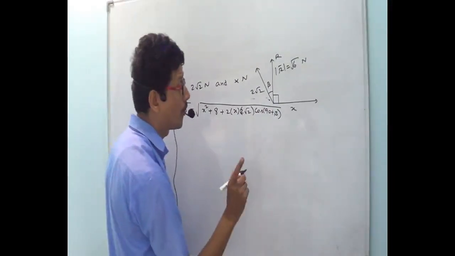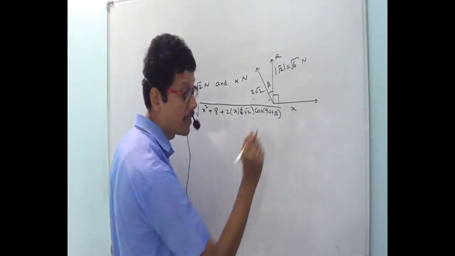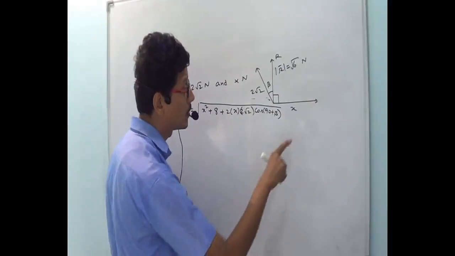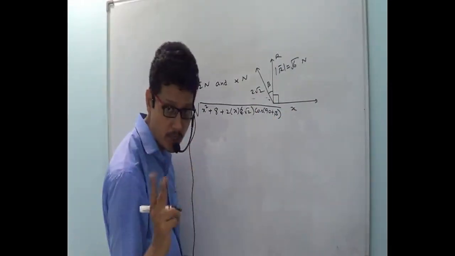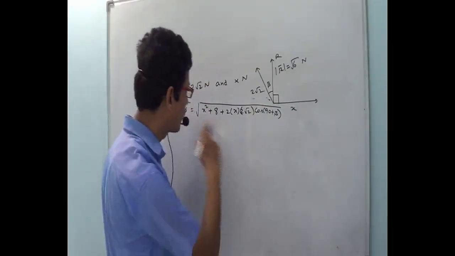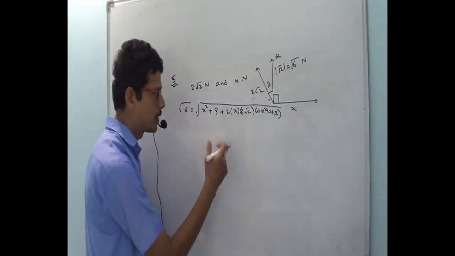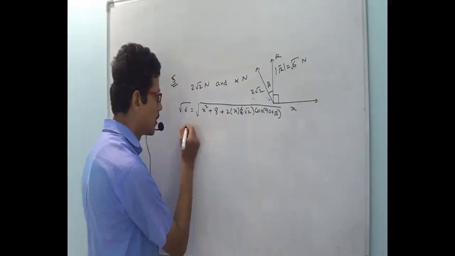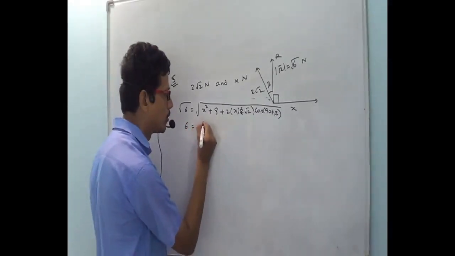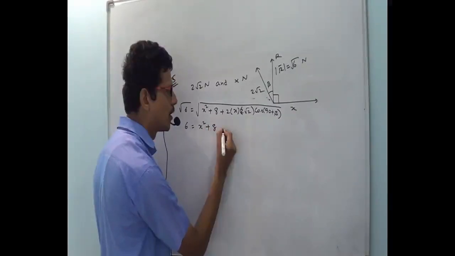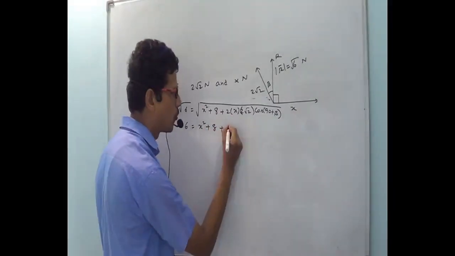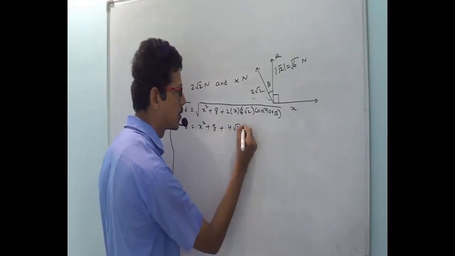And there are two unknowns: 90 plus beta is one unknown and the second unknown is x. So I need two equations to solve that. First equation is this. I will simplify this further. 6 is equal to x square plus 2 root 2 whole square is 8, 8 plus 4 root 2 x.